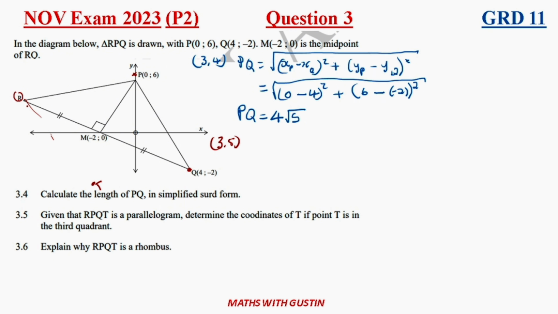So it means this thing would be like this. If that's there, it's a parallelogram. It asks us to determine the coordinates of T if point T is in the third quadrant. Oh, okay, there it is in the third quadrant. So it means x is negative and also y is negative in this case.